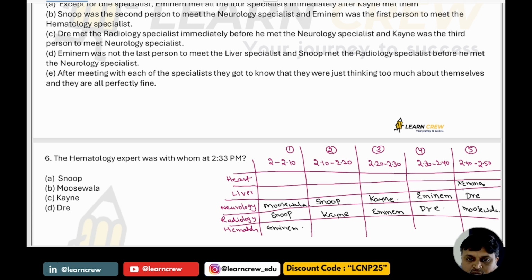So Eminem is not here. Please see here, Snoop was the second person to meet neurology specialist, and Eminem was the first person to meet the hematology specialist. Already used. Now, DRE met the radiology specialist immediately before he met the neurology specialist. It's already satisfied.